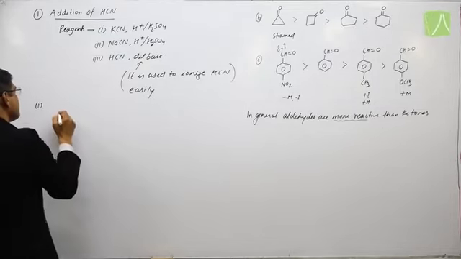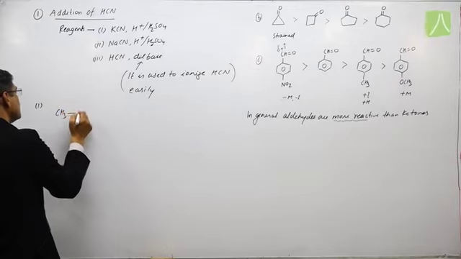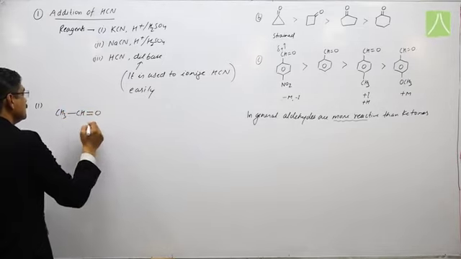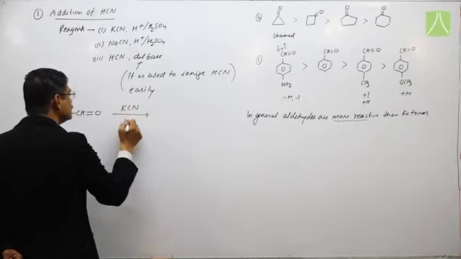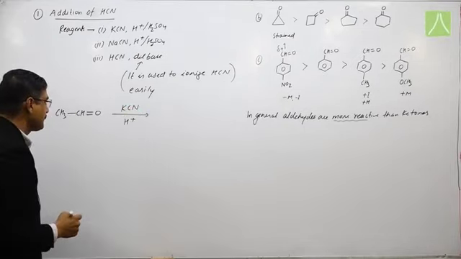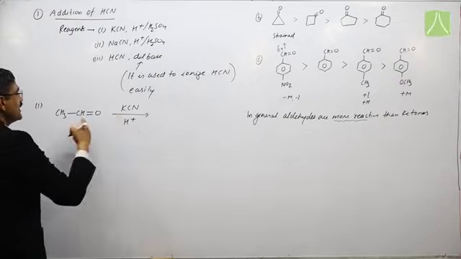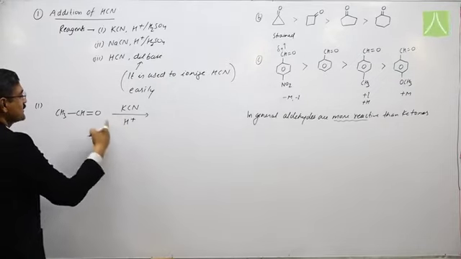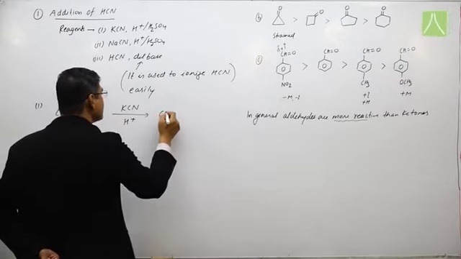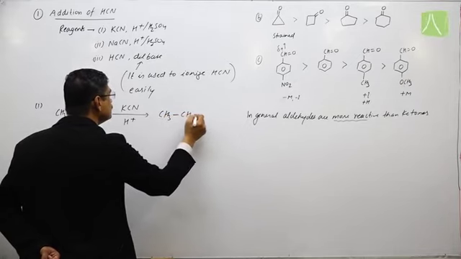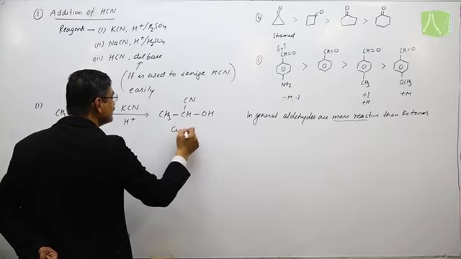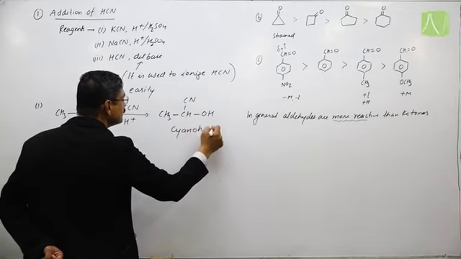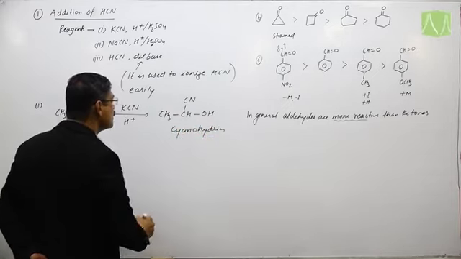Questions are like this. Suppose I take CH3CHO, and KCN, H plus is taken. So CN minus adds to the carbon, H plus adds to the oxygen. So the final product is cyanohydrin. It is known as cyanohydrin.